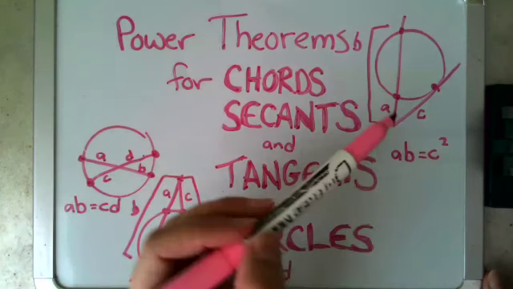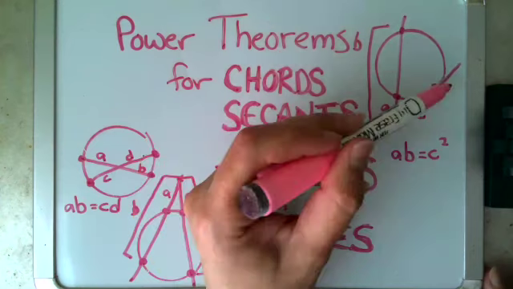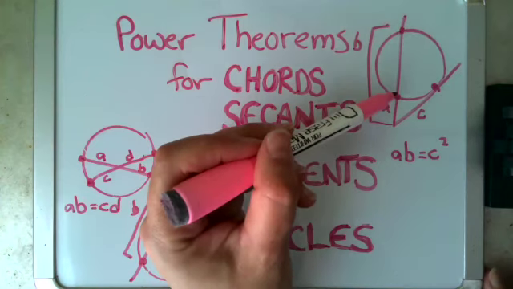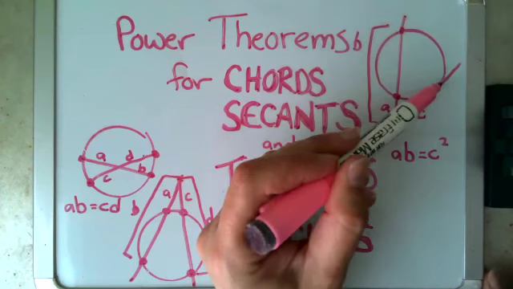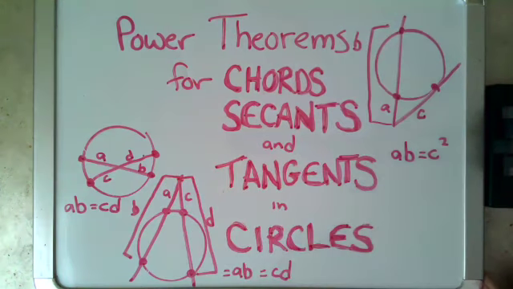And finally, over here with our secant tangent, same start, part times whole equals part times itself, or C squared. All right, let's put these to use in some problems. Stay tuned because this is going to show you some tricky things that teachers love to pop into tests, including how you hide quadratic problems in these.